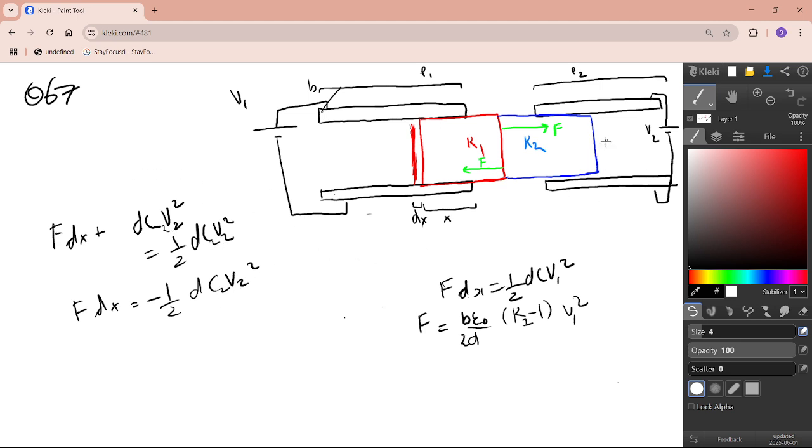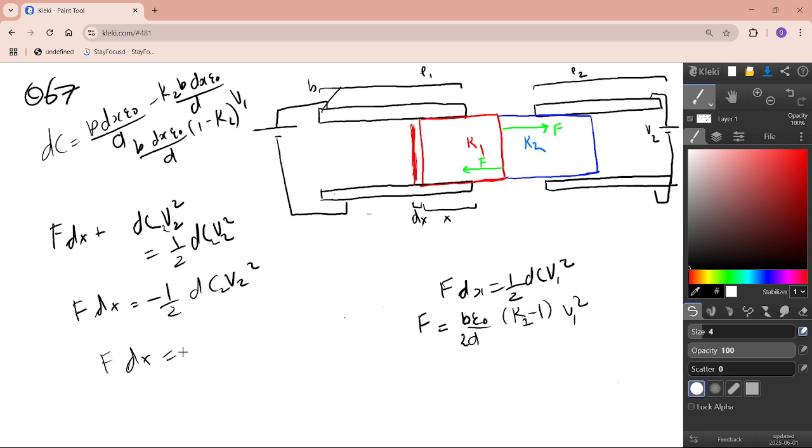dC2 is, of course, air getting added and the dielectric getting subtracted. So with the same formula, B dx epsilon naught by d is getting added, and K2 B dx epsilon naught by d is getting subtracted. So B dx epsilon naught by d (1 minus K2). Of course, K2 is always greater than 1, so it is minus, and we'll get the answer as plus.